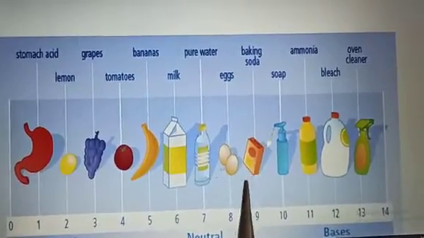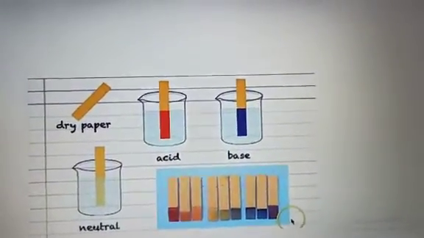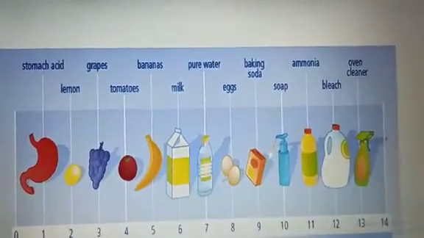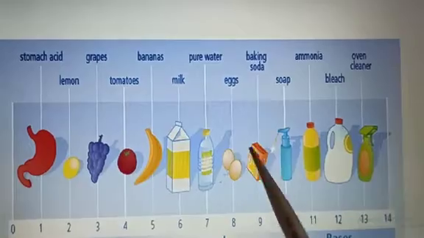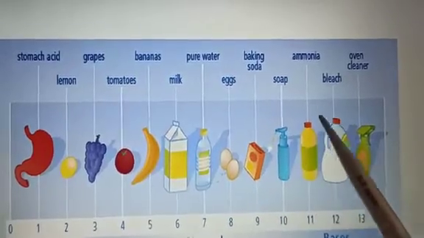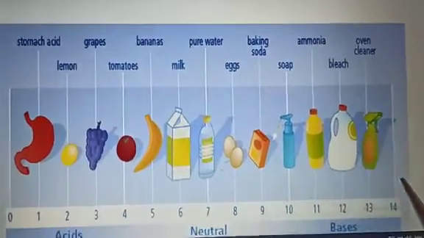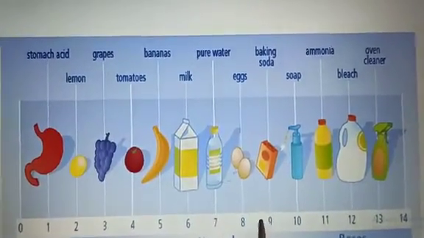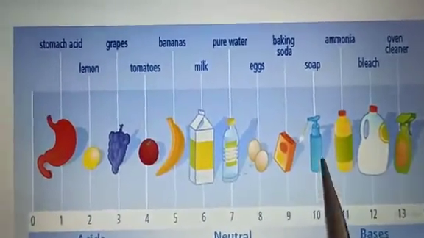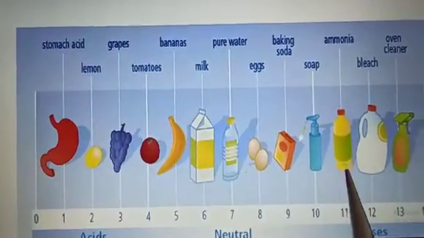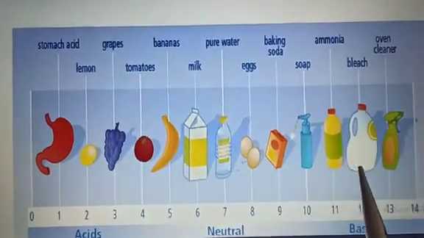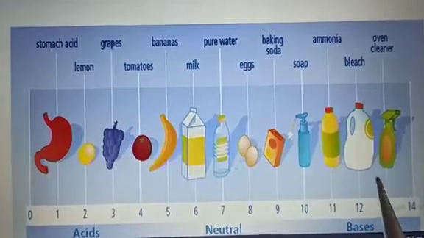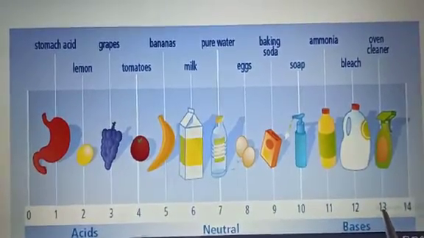In the same way, on the right-hand side, you can see the substances: eggs, baking soda, soap, ammonia, bleach, and oven cleaner. And you can see the pH. Egg has pH 8, then baking soda has pH 9, then soap has pH 10, ammonia has pH 11, bleach has pH 12, and oven cleaner has pH 13.